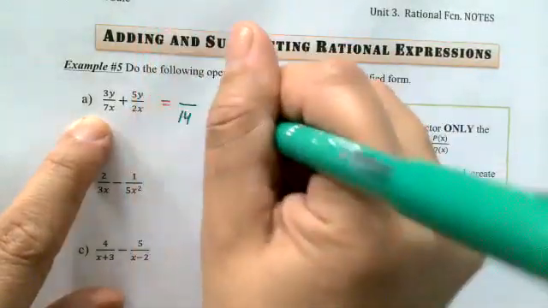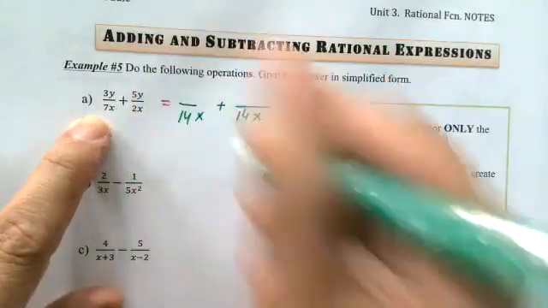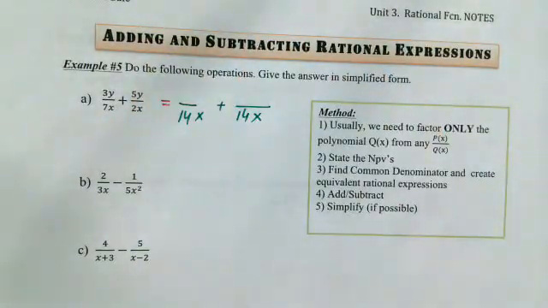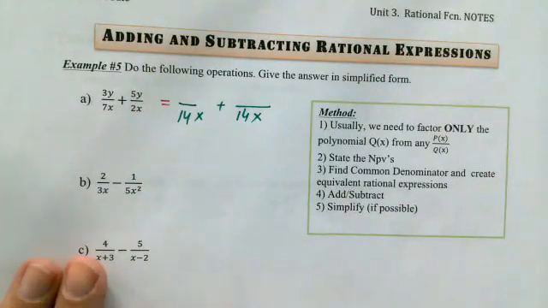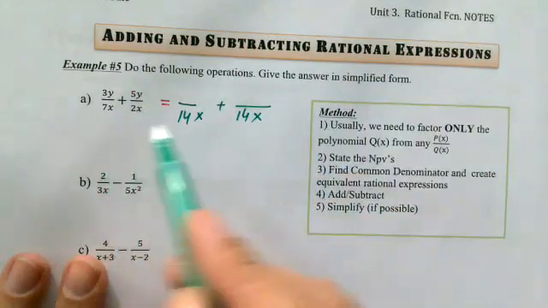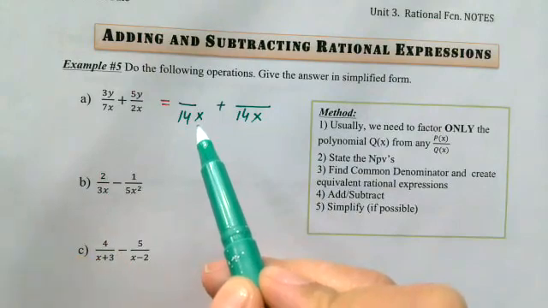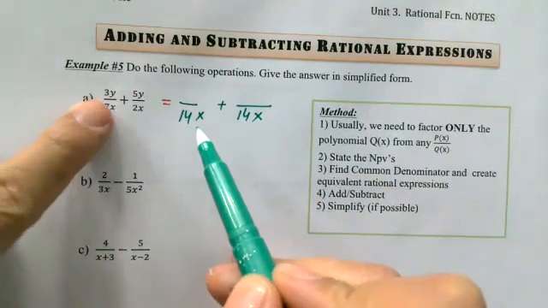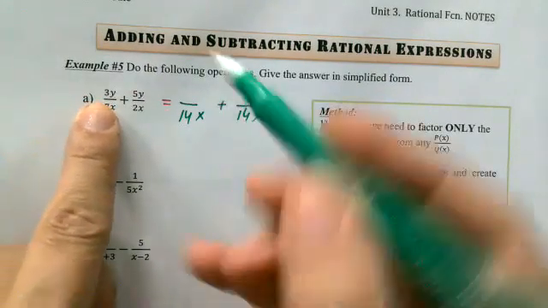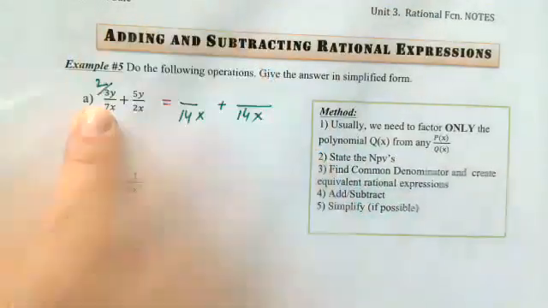So 14 and then x. That's the lowest common multiple for both of those expressions. And now here you have to see the change that happened from 7x to 14x. You times it by 2, so you have to times by 2 at the top as well. I like to write it like that.